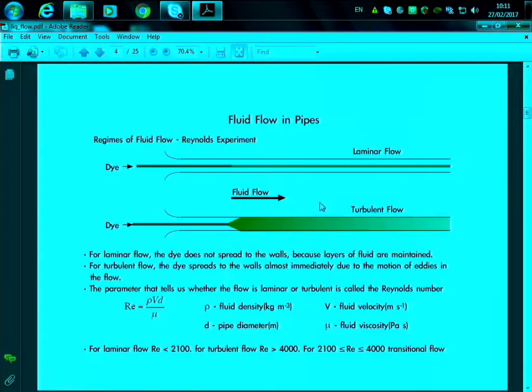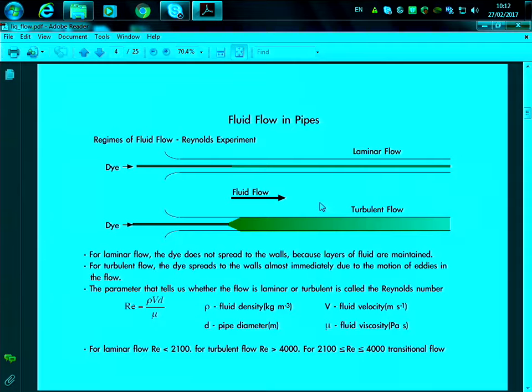So the Reynolds number equals the density times the velocity and diameter over the viscosity. Okay? So for laminar flow, we normally call a fluid laminar when its Reynolds number is lower than 2,100.